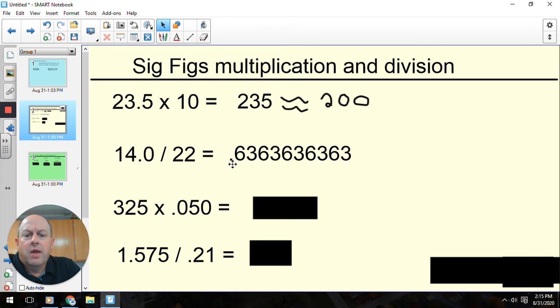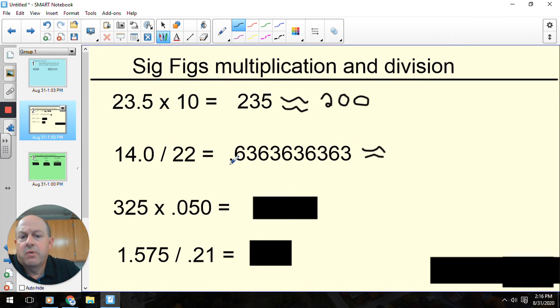We have all these decimal places here, but we don't have to keep them. That would be an incredible amount of instrumentation to carry out that detailed of a number. Our answer only needs 2 sig figs, so we just round to 2 sig figs.